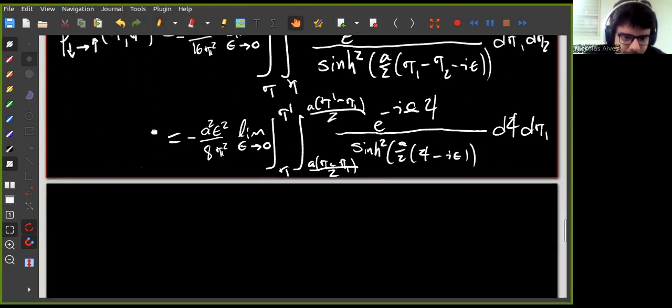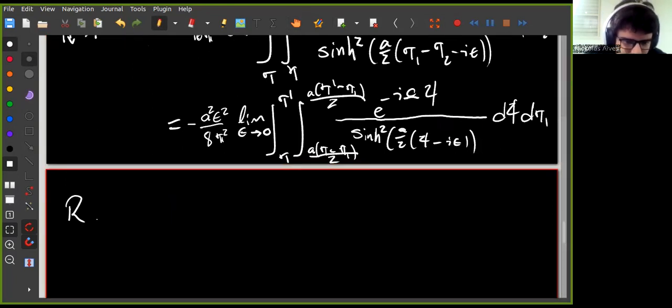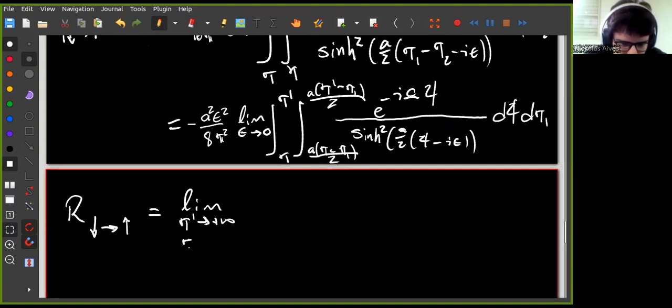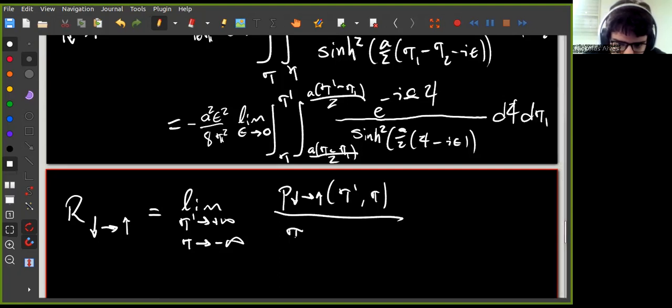Now, instead of computing this, it is easier for us to compute the rate of transitions from the lower state to the upper state. This is given by the limit of tau prime going to infinity and tau going to minus infinity of the probability down to up of tau prime tau over tau prime minus tau.